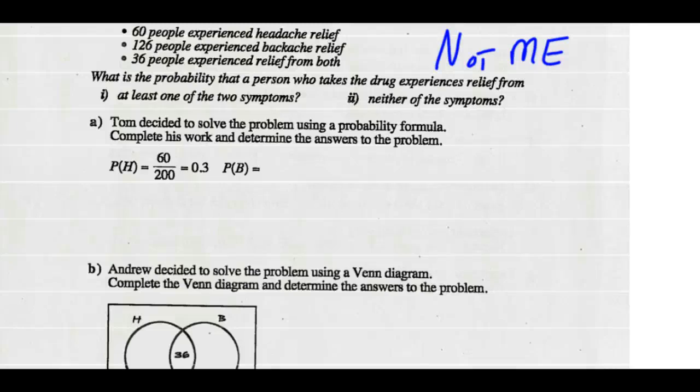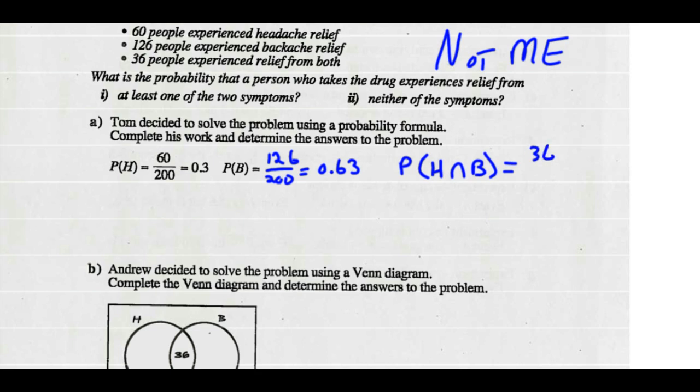The probability for backache relief then should be 126 out of 200, which is 0.63 as a decimal. And both, probability of headache and backache relief: 36 experienced relief from both. So 36 out of 200, which is 0.18.